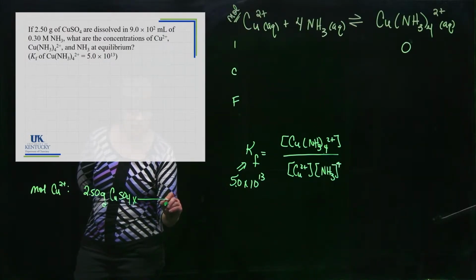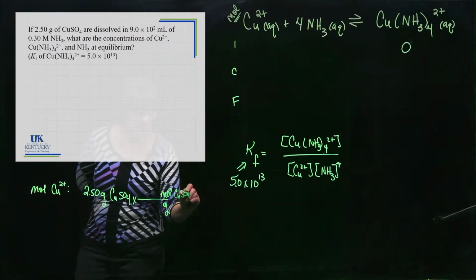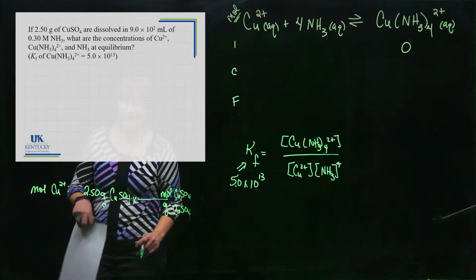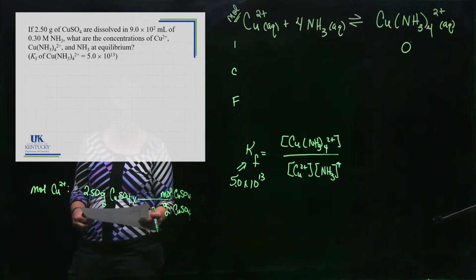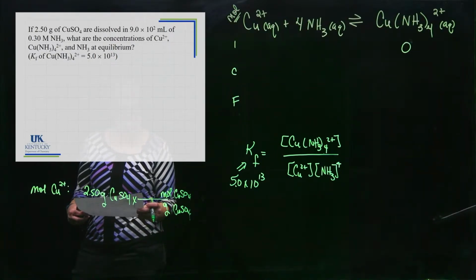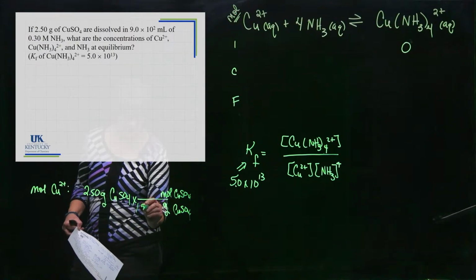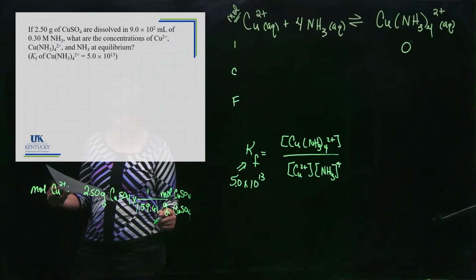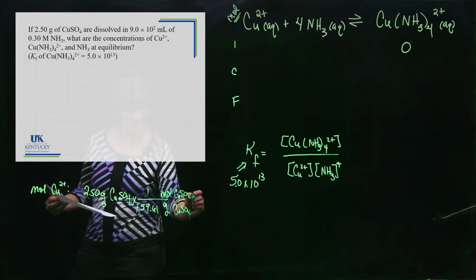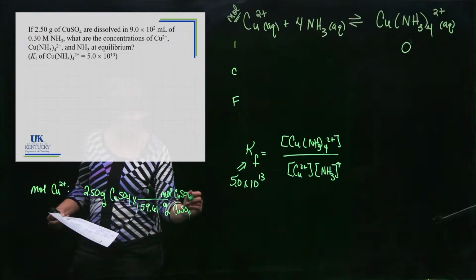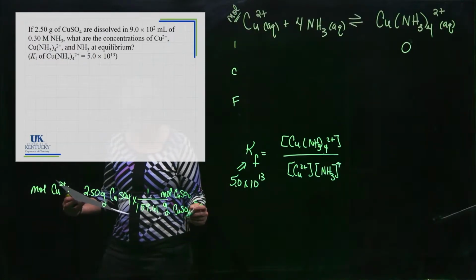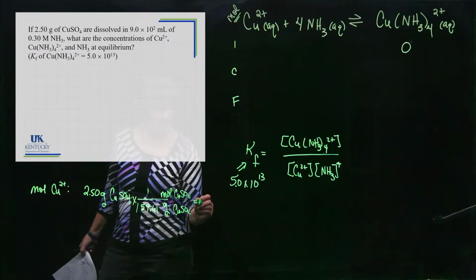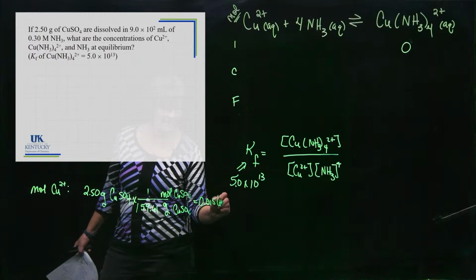So how do I go from grams to moles of copper sulfate? This is grams of copper sulfate, so I need the molar mass of the whole thing in order to get the moles of copper sulfate. Now, I earlier did the calculation of the molar mass of this, and it's 159.61 grams per mole. And that is going to give me a value of the moles of copper sulfate of 0.01566.